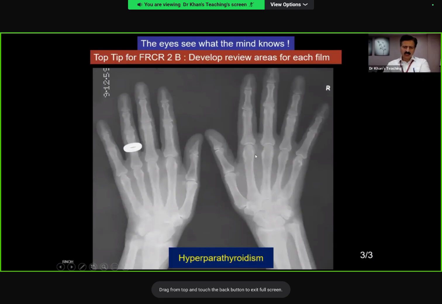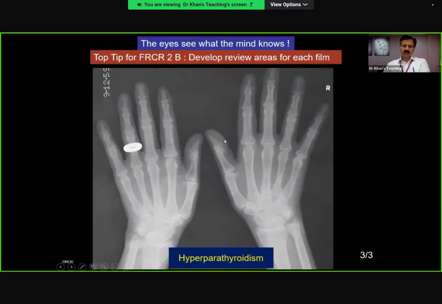This is a classical, absolutely classical exam finding of hyperpara, where on the radial side of this phalanx you can see this ill-defined fuzziness, and here also, and here also, and here also. You can see it particularly well on this one, where it is crisp and sharp. So this is intracortical or cortical tunneling.